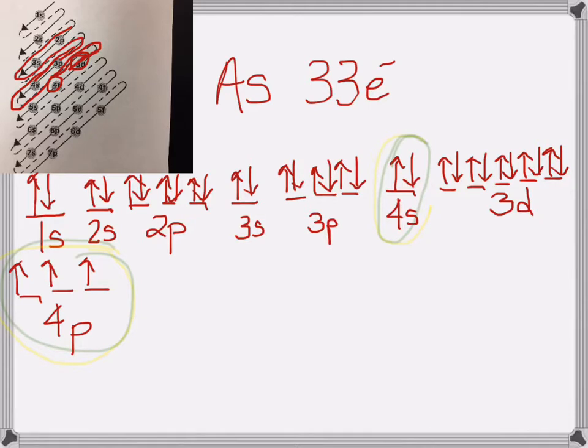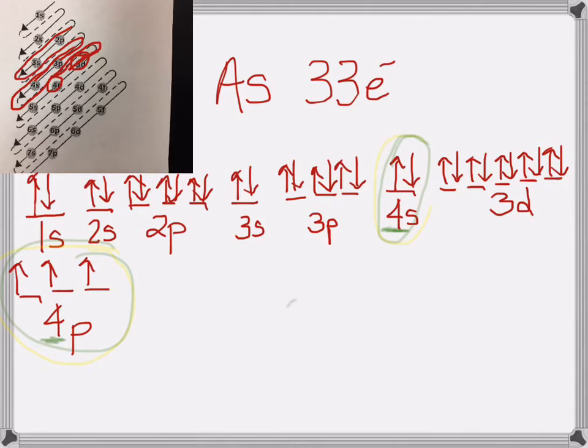So that is our valence energy level, because it's the highest principal energy level number that we have. So this has 1, 2, 3, 4, 5 valence electrons. And arsenic is in column 15.